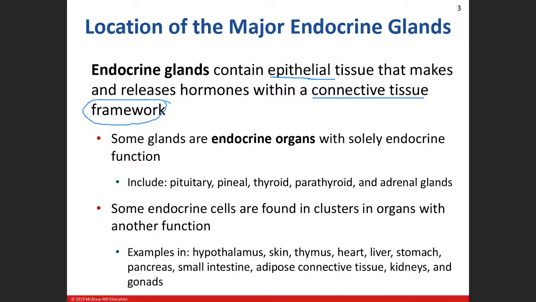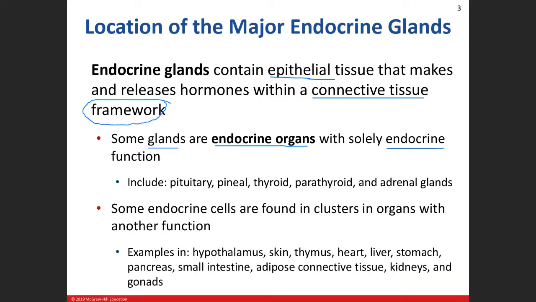So to reiterate this point that I made previously, some of our glands are purely endocrine organs, which means all they do is endocrine functions. They're going to secrete hormones.